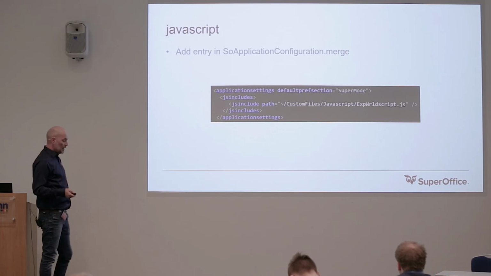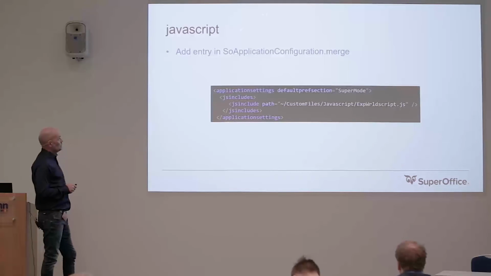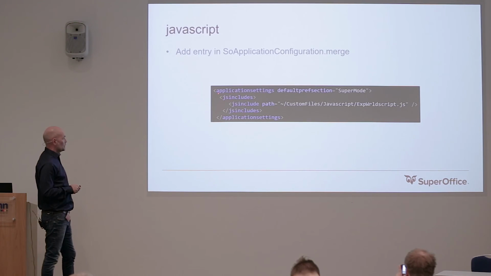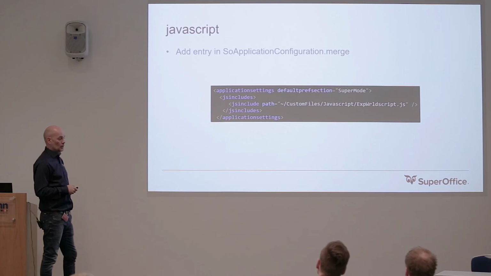The recommended way is to make yourself an SO application configuration merge file. It doesn't have to be named that, by the way. The thing that the merge filter looks for is this, so you can call it whatever you want, .merge. It will find this and know, okay, it's that kind of file, so it will apply the right type of filter.